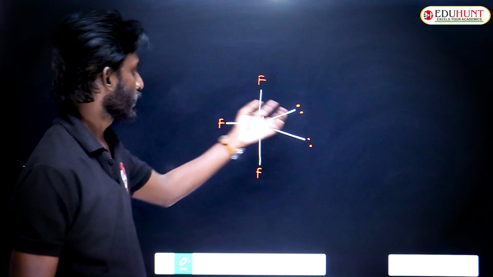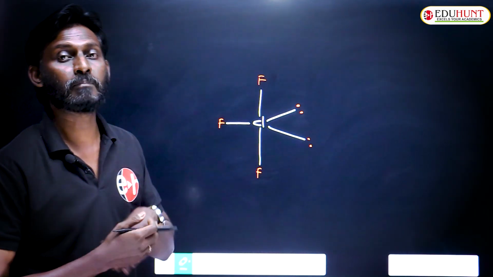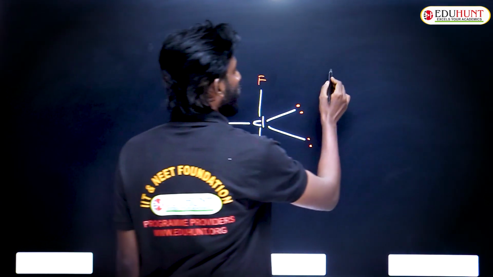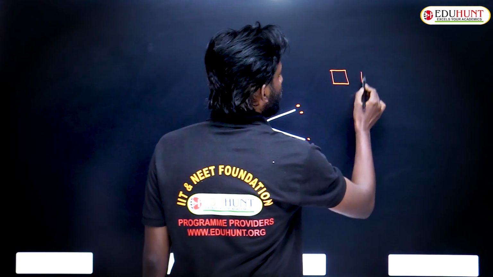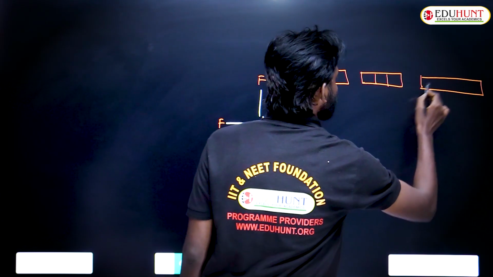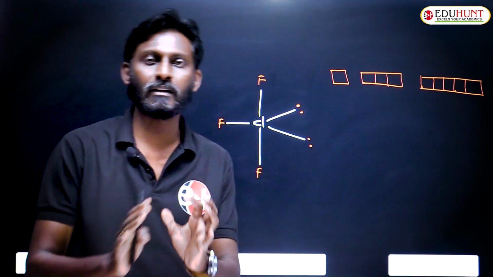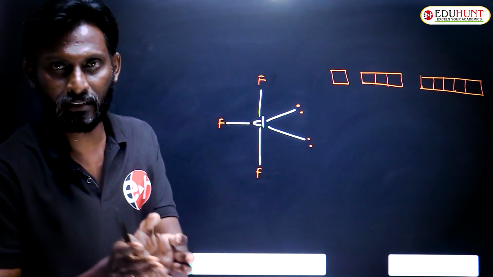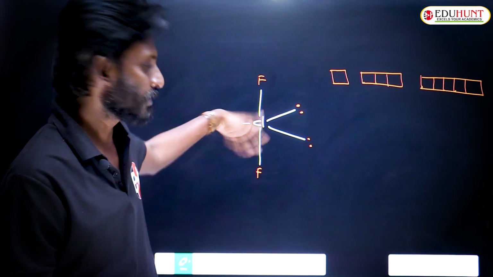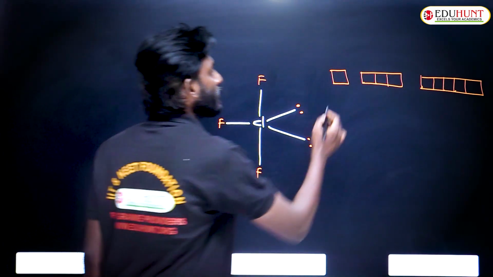For this trigonal bipyramidal geometry, what is the possible hybridization? 1 s orbital, 3 p orbitals, and 1 d orbital, right? In that hybridization video I explained that for this geometry, the possible hybridization is sp3d.